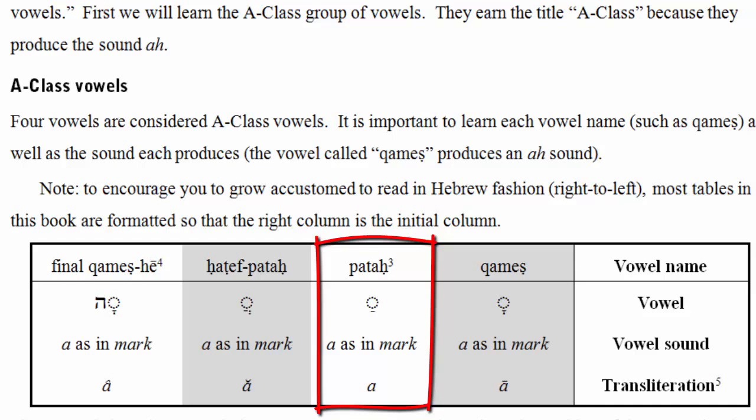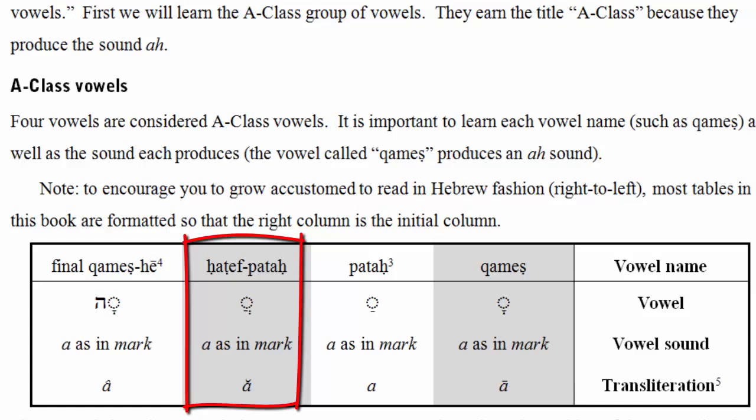Please read the footnote for some suggestions on how to pronounce this letter H. The vowel name we're concentrating on here is called patach. The symbol you see is a simple horizontal line appearing below the consonant. Just as kametz, it is pronounced ah as in mark.